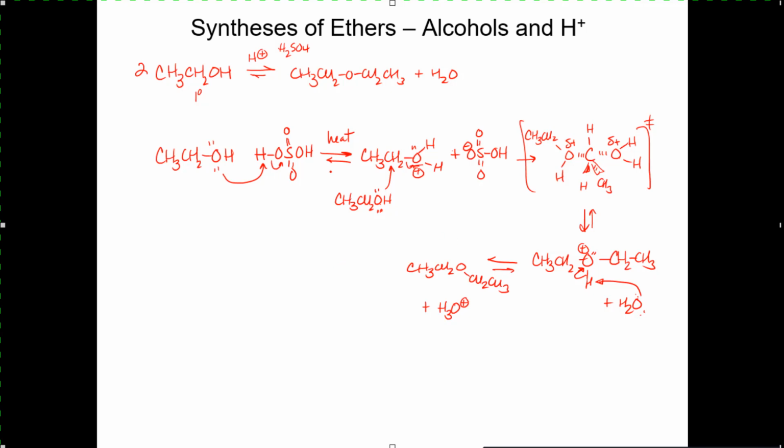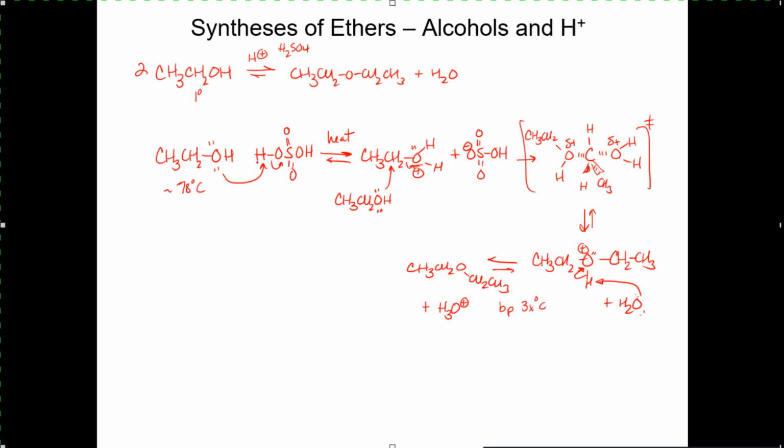The way this reaction is done industrially, though, is you heat it to the appropriate temperature. Ether only boils at about 30-something degrees Celsius, whereas ethanol boils at about 78 or so degrees Celsius. Give me 10 degrees and I'm good on that.